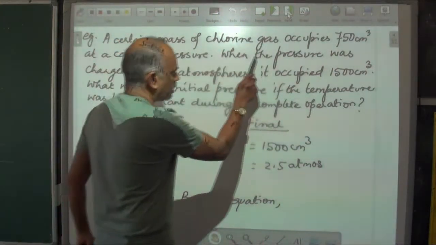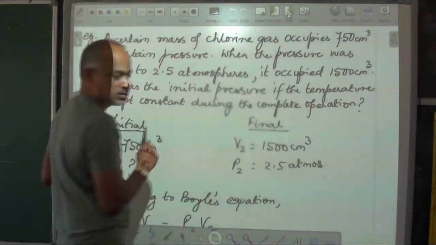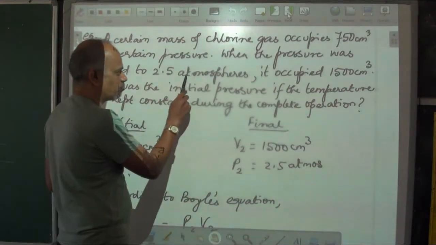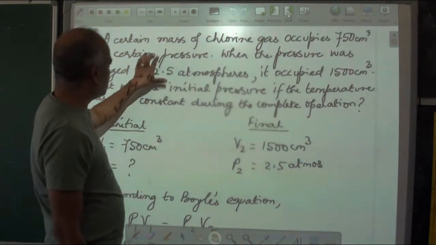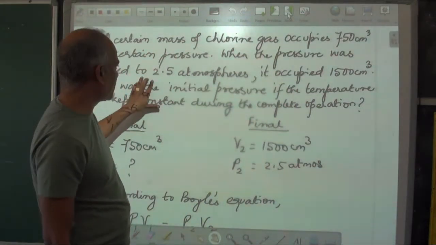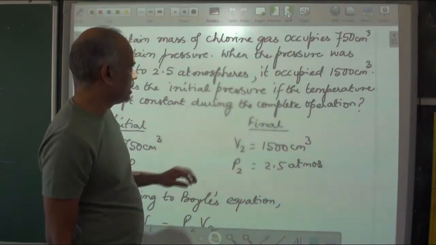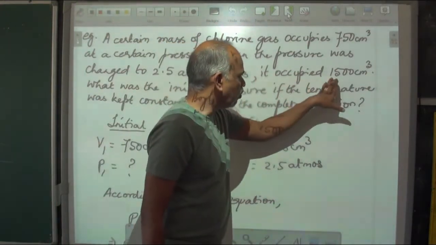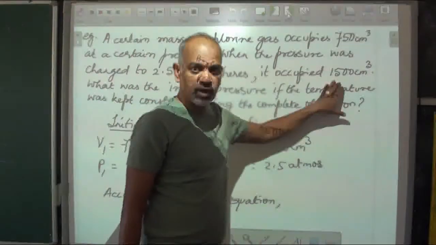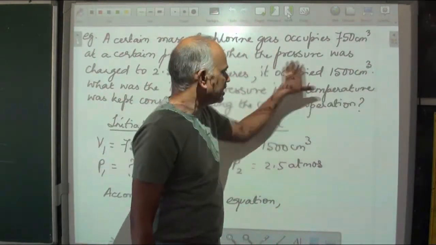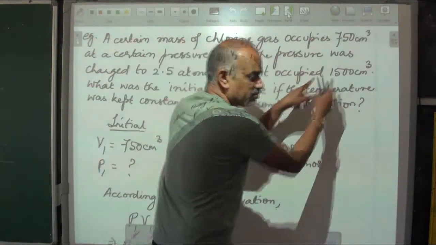Now, when the pressure was changed to 2.5 atmospheres, or in other words 2.5 atmos, the pressure is changed. Originally you didn't know the pressure. Now in the second case, the pressure is changed to 2.5 atmos. Then it occupied 1500 centimeter cube, which means this is the volume it occupies. If this is the pressure, this is the volume.